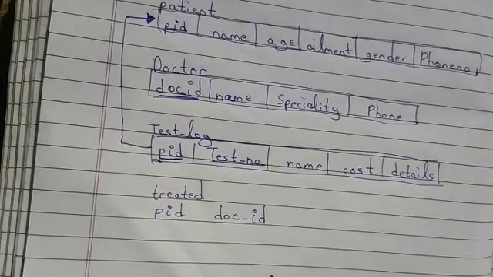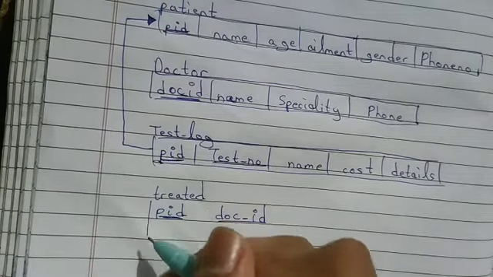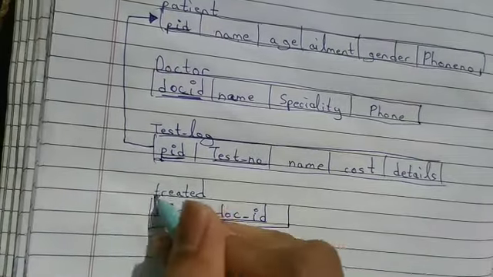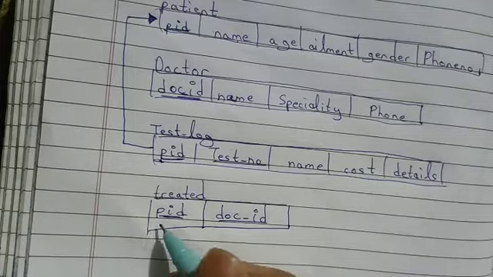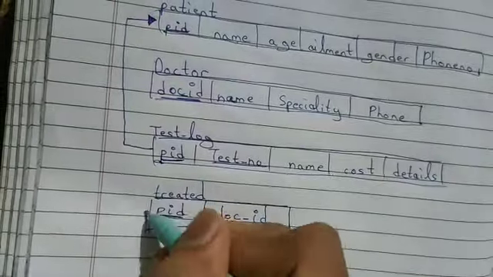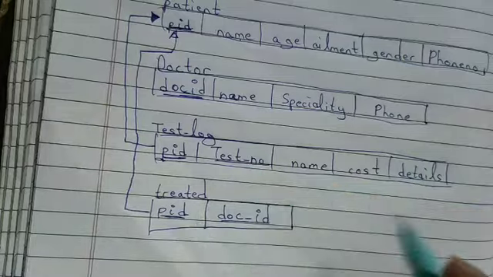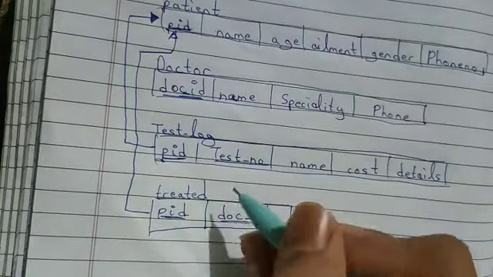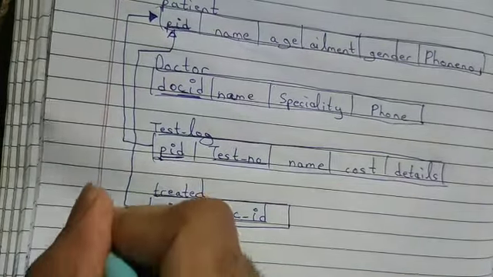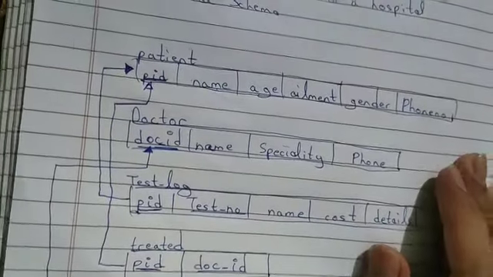Underline here, underline here. Since we are referencing this from the patient table, we need to show that by using an arrow. And we are referencing doc ID from our doctor table, so we can show that as well with another simple arrow.